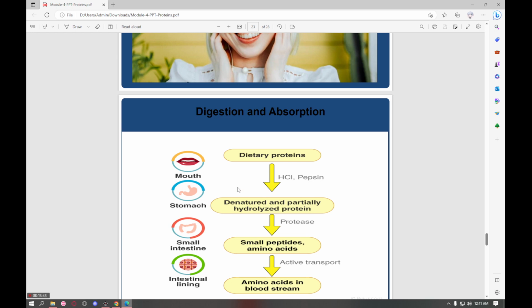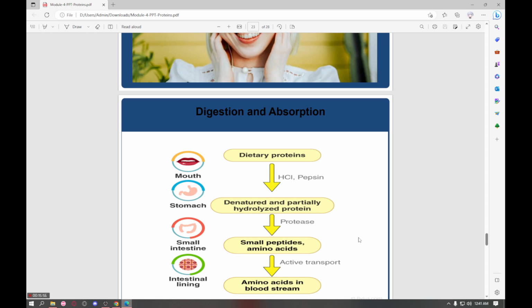So inside your stomach, there is a presence of your hydrochloric acid in order to break down food. So there is a presence of your pepsin. If you notice, your pepsin does not end with ASE, but this is one of the enzymes in order to speed up the catalytic activity on your protein.